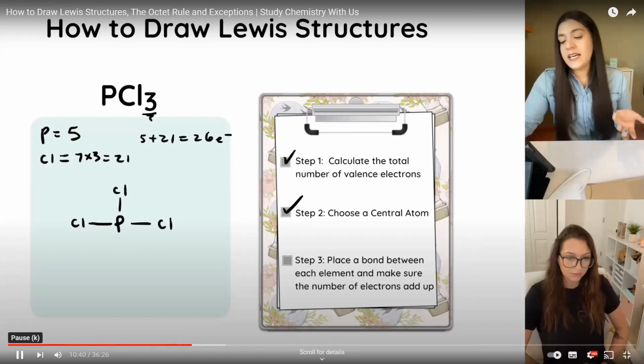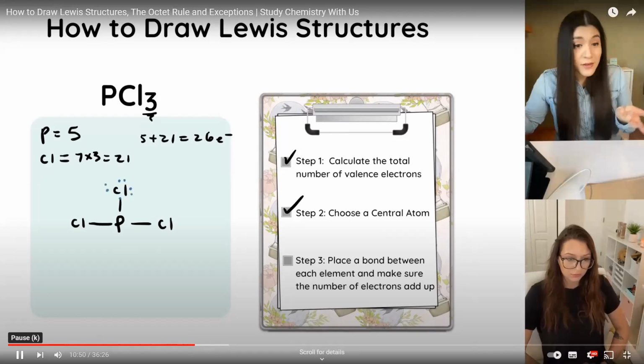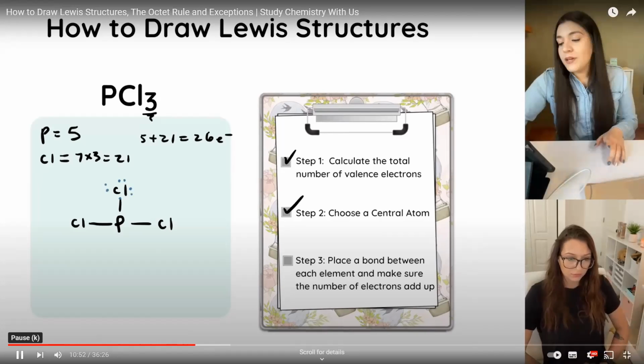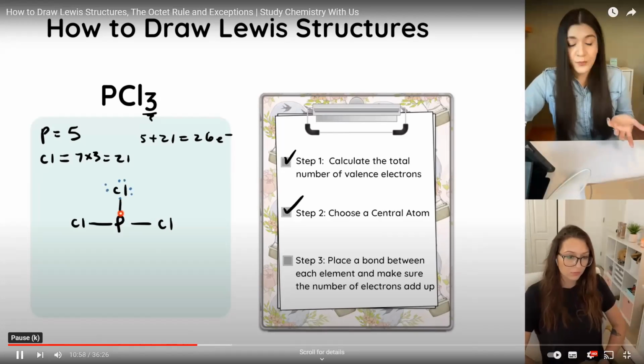So for chlorine, we said there are 7 valence electrons. So I'll say there's 1, 2, 3, 4, 5, 6, and 7. And I would do the same thing for every single one. Now, there's always going to be one here that's being shared with whatever element it's bonded to. And then there's going to be 2 electrons on every single side, essentially.